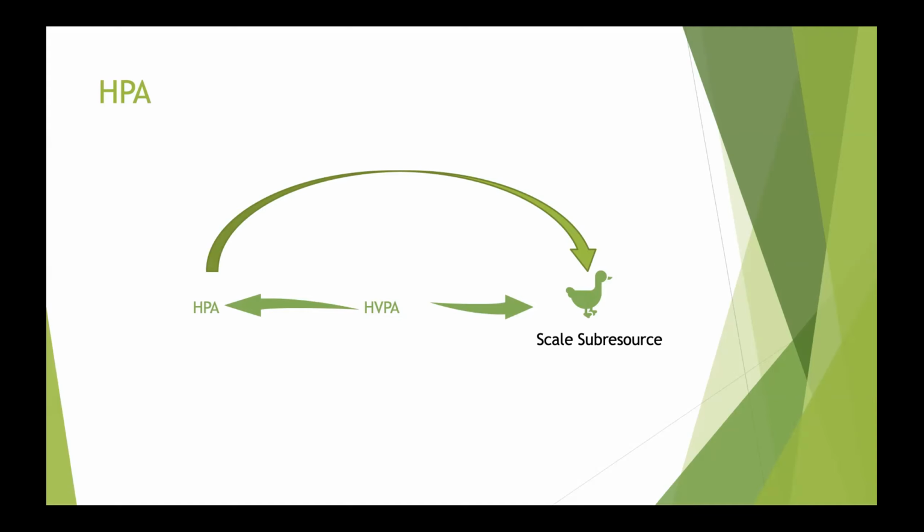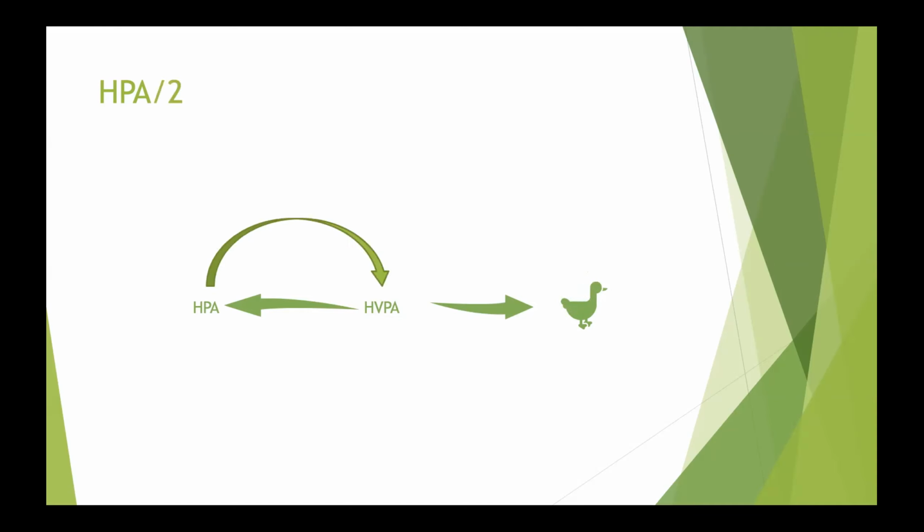So we can point the HPA to the HVPA and make HVPA implement a scale subresource. So HPA can directly update the HVPA's replicas, and then in turn, HVPA can scale the deployment or any applications according to certain policies set on it. This is how we take half of HPA.